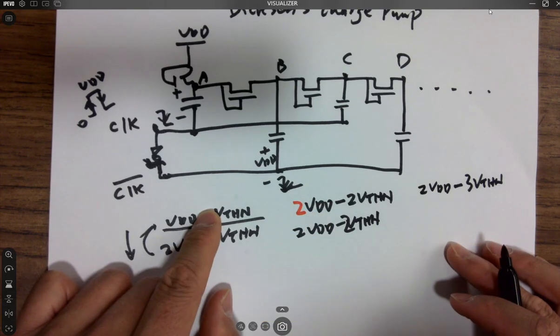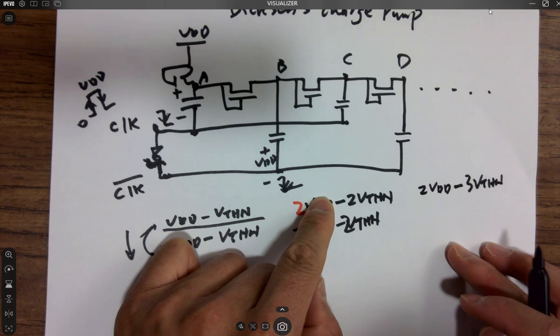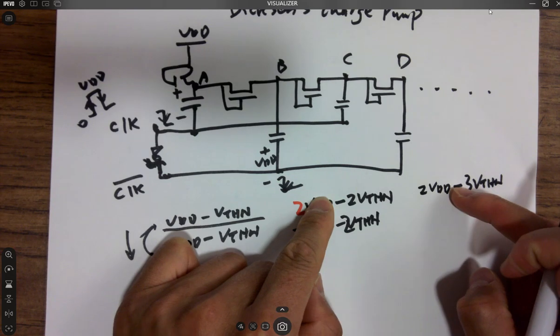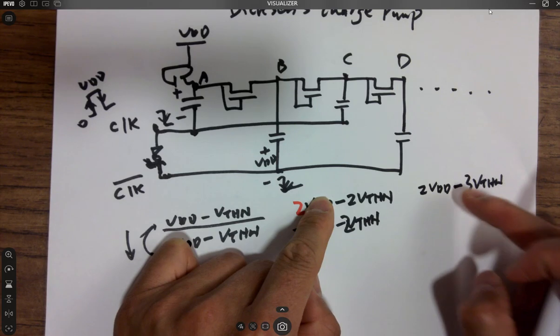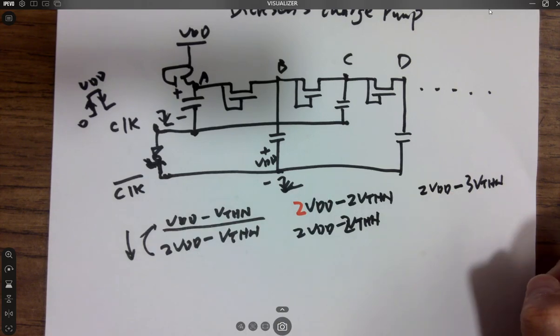And pulling, pushing, pulling. So it's not changing. Wait, so B is not changing then? It's staying at 2 VDD minus 2 VTHN?